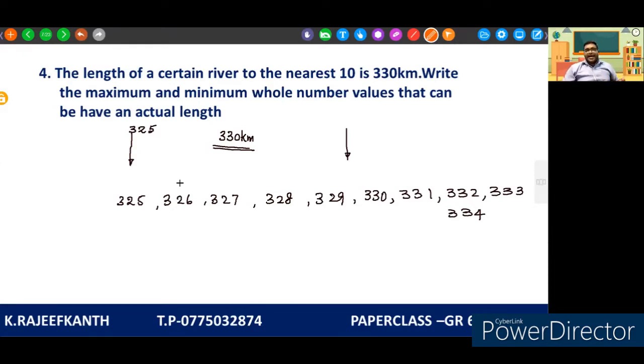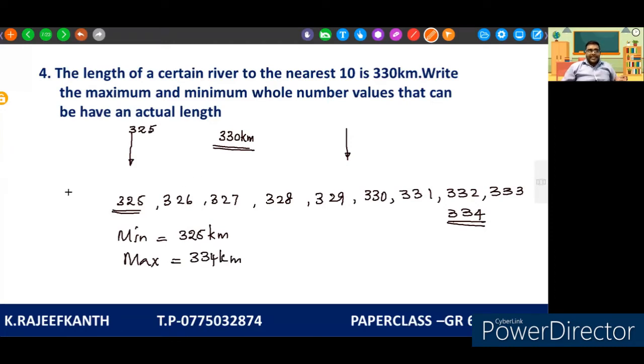So here they are asking the maximum and minimum value. This is the least value, and this is the maximum value. The minimum length can be 325 kilometers and the maximum length can be 334 kilometers.